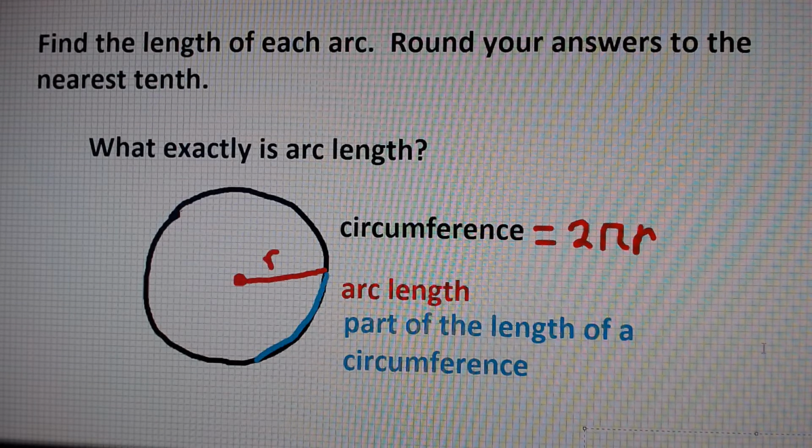So if we were to travel 360 degrees around the circle, maybe the circumference is 40, 50 feet. The arc length will only be part of it. So we're only taking a segment of the circumference.